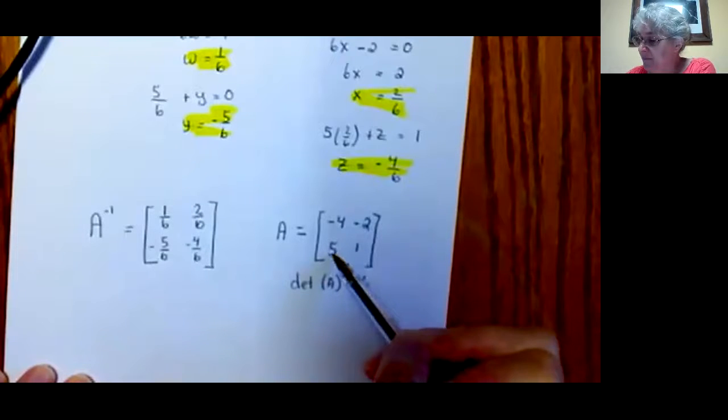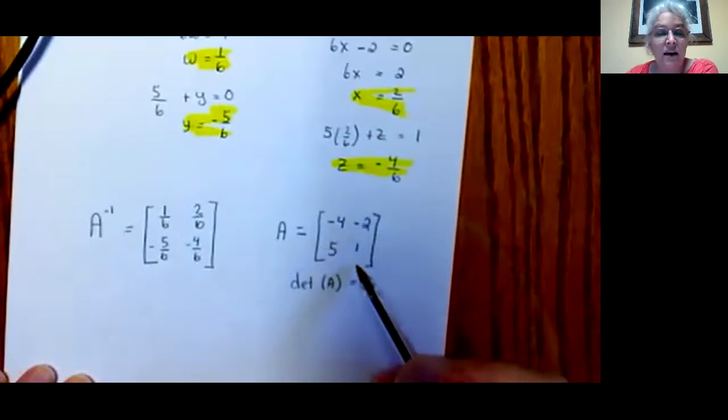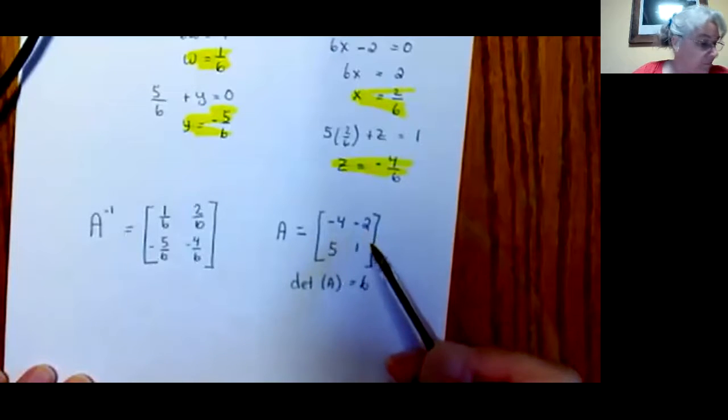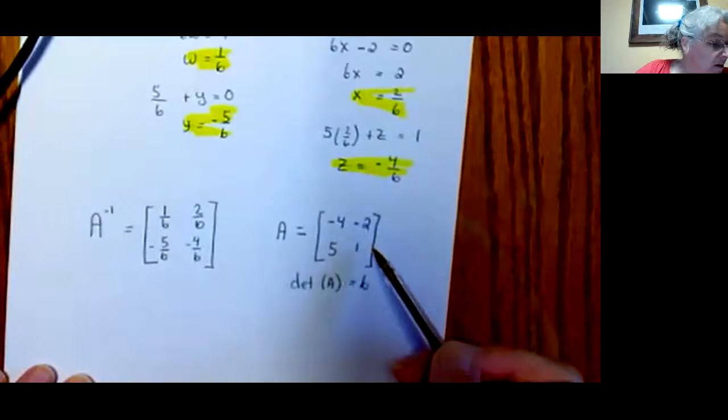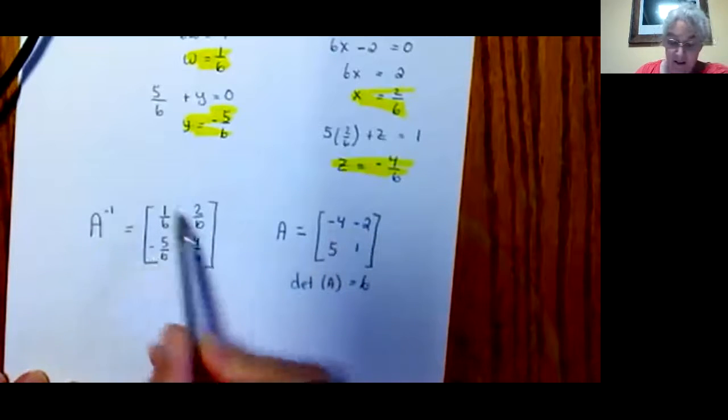Your 5 and your minus 2, make sure you get this right. I think I wrote this down wrong. Double check.